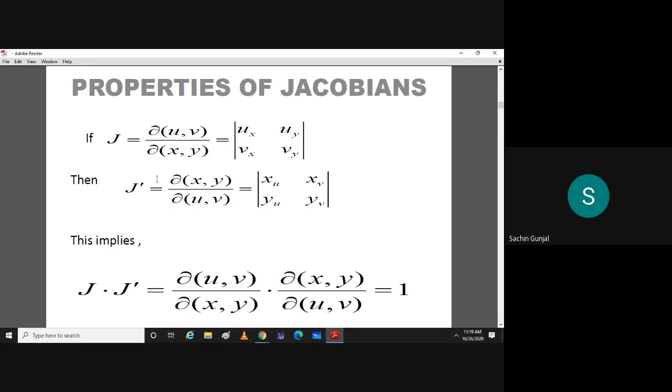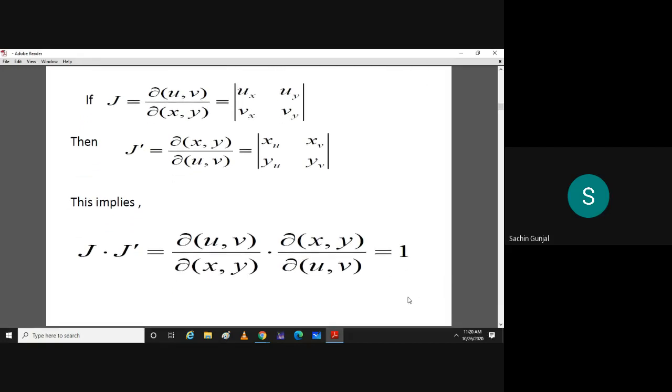This is a very important property, because if u and v are given as functions of x and y, and you are asked to find Jacobian of xy with respect to uv, you will use this property. You will actually find j, and then write j dash as 1 by j. You will come to know on the next slide. So just note it down.